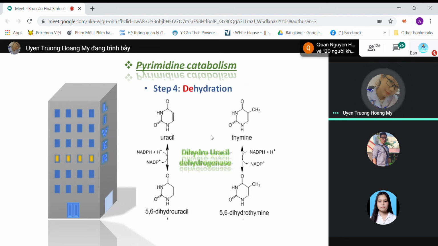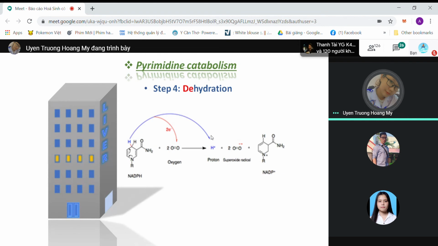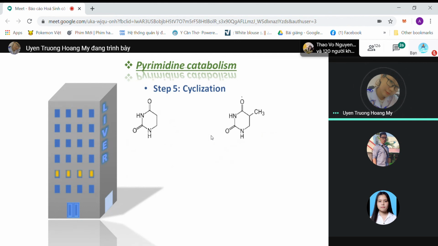Step 4. Reduction. Uracil and thymine are converted into dihydrouracil and dihydrothymine by dihydropyrimidine dehydrogenase. In this reaction, one NADPH plus H plus is oxidized into NADP plus. Step 5.